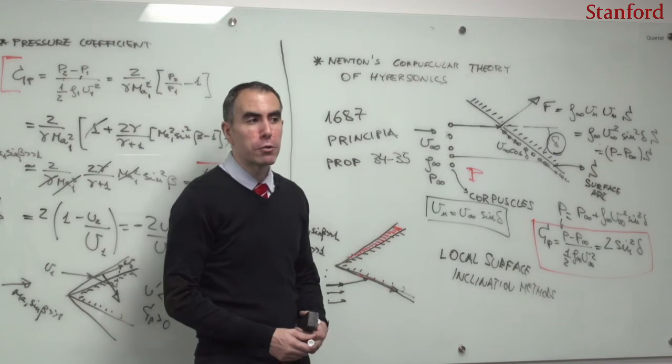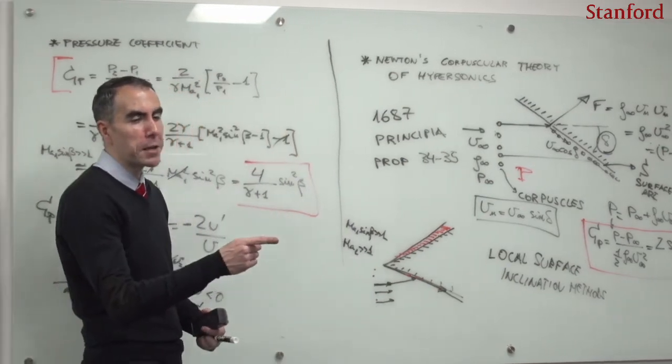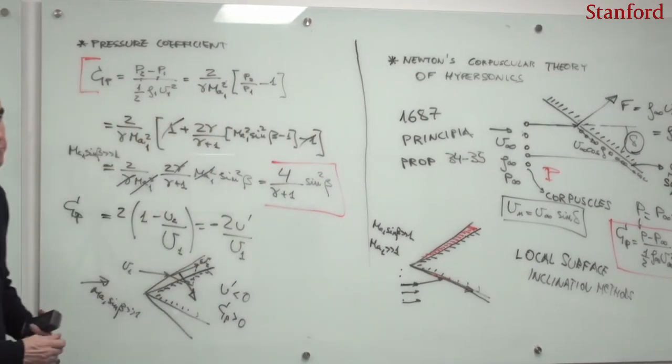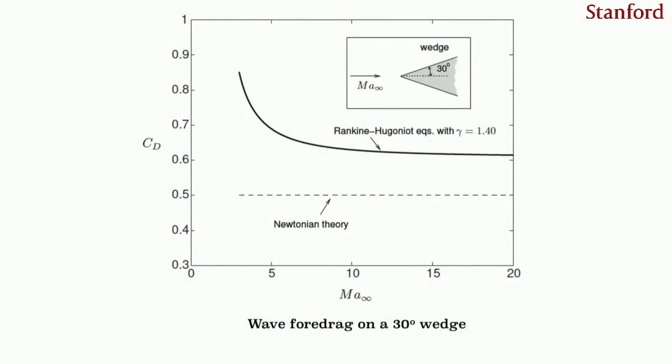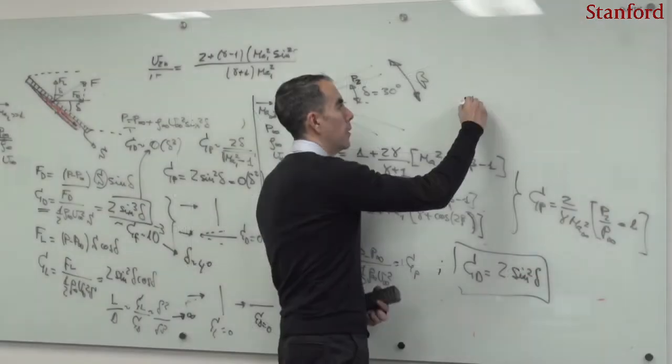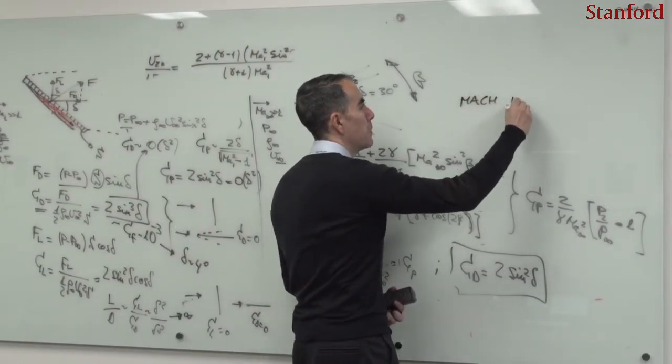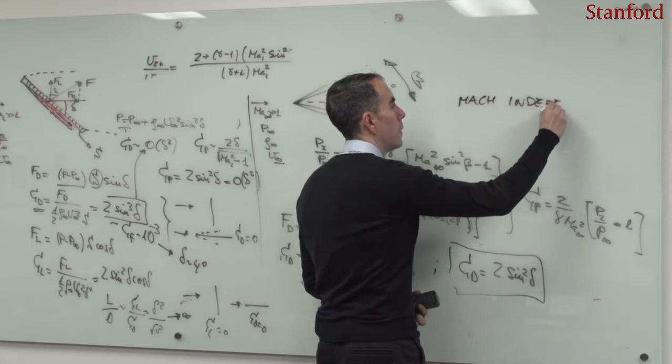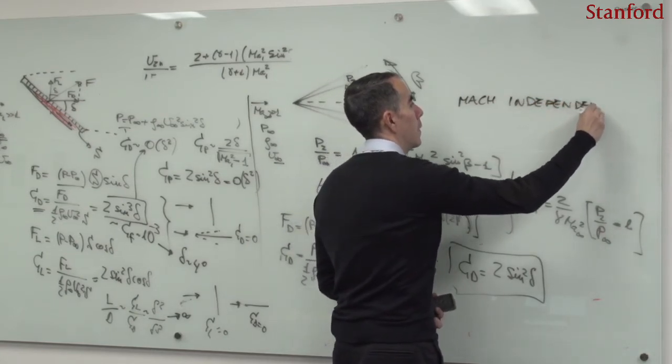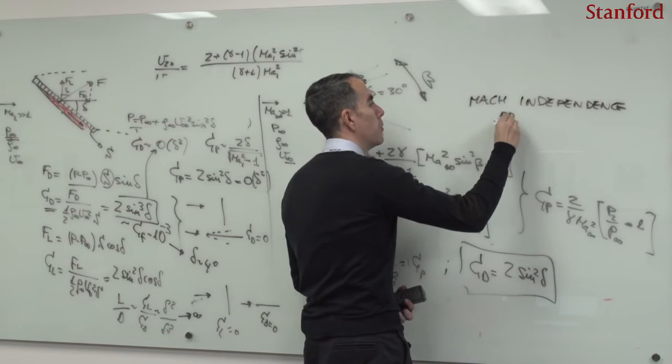This result that I just mentioned, you can see back in the chart. It is manifested as that plateau in the drag force, and it's called the Mach independence principle.